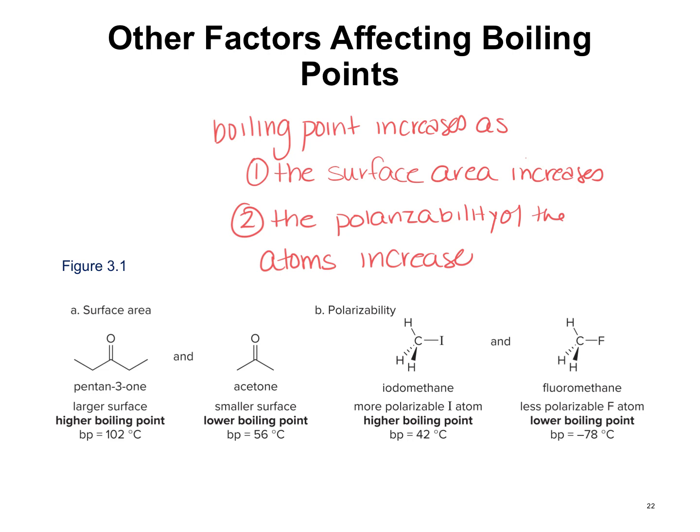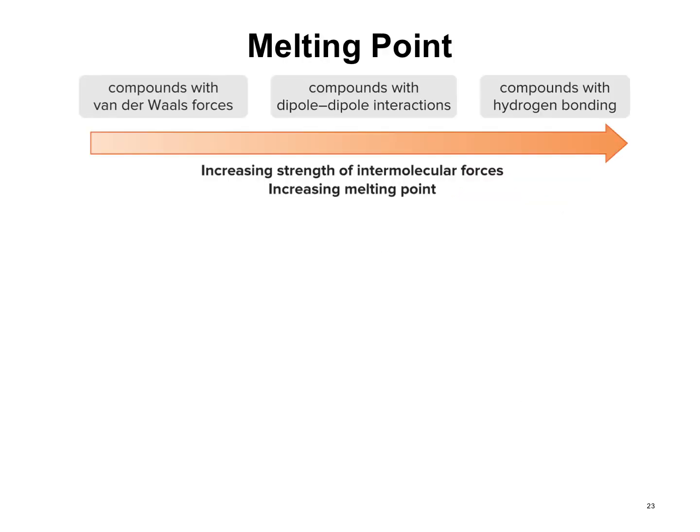So maybe you're like, great, we see where boiling point increases. What happens with melting point? And that's a great question. So melting point is just the temperature where a solid is converted to the liquid phase. And in melting, energy is needed to overcome the attractive forces in the more ordered crystalline solid.